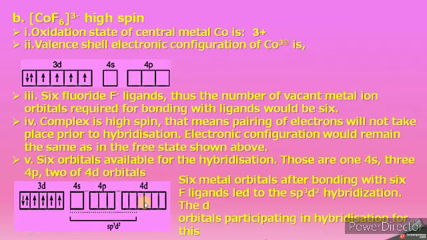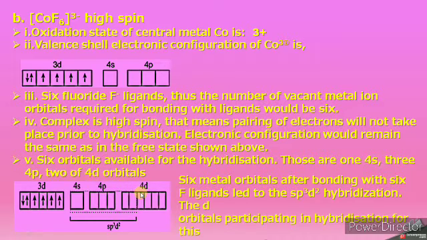So there are 5 4d orbitals which are available, but already 4 are from 1 4s and 3 4p. So it requires only 2 orbitals from 4d. So these are the orbitals available: 1 4s, 3 4p and 2 4d.